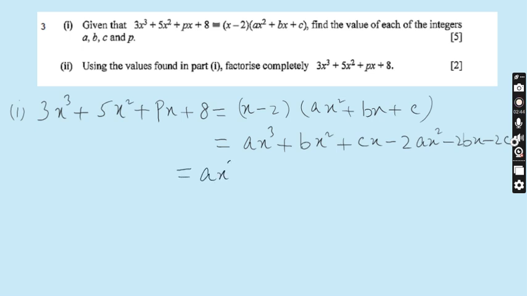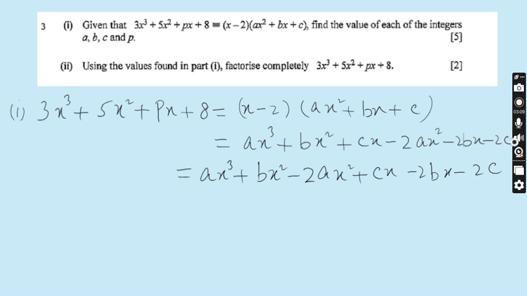There is only one term of x cube, plus two terms of x square, bx square and minus 2ax square. Two terms of x, that is cx and negative 2bx, and the only constant term is negative 2c.